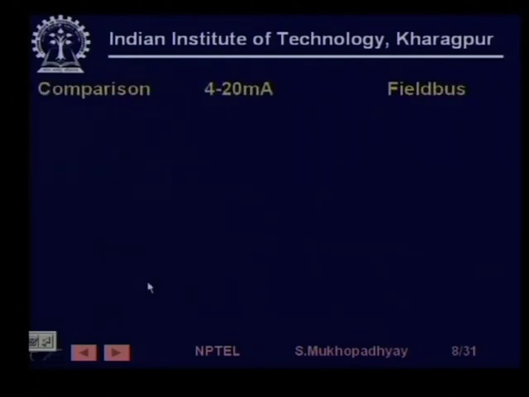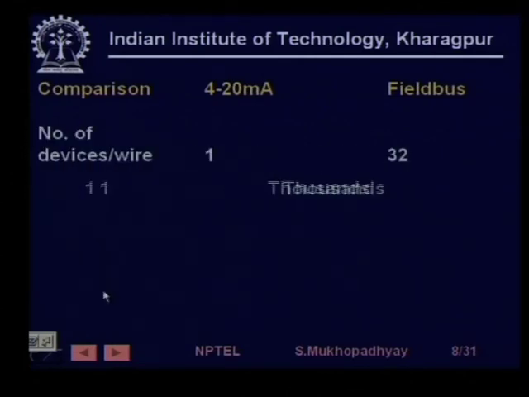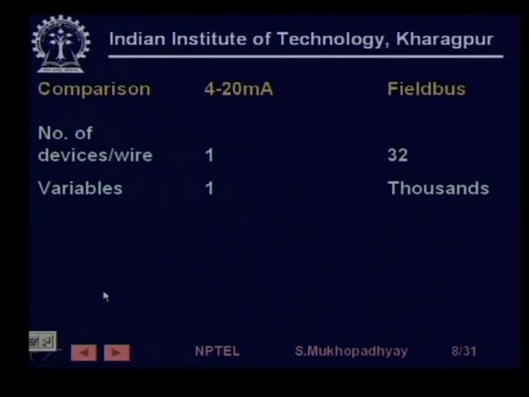So, before we do that, here is a comparison between 4 to 20 milliampere, which is a pretty old analog technology, with Fieldbus. Here the number of devices per wire is 1. Sometimes you can connect some devices in series. In a Fieldbus you can connect a large number of devices, and these can be further increased by using repeaters and other things.